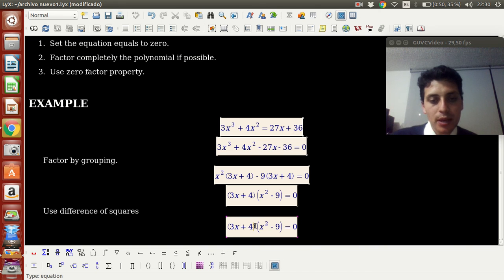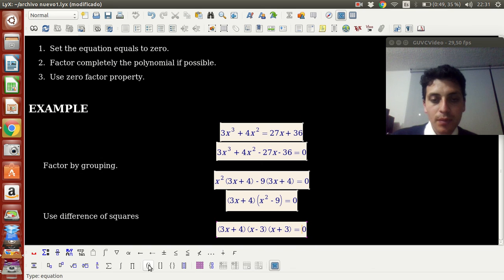So we write x minus 9, excuse me, it's not 9, it's 3, and x plus 3. Now we've factored the polynomial completely.